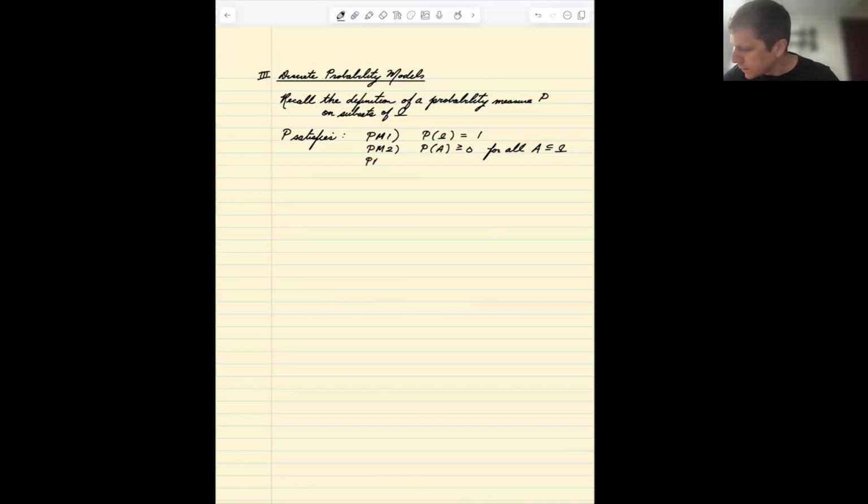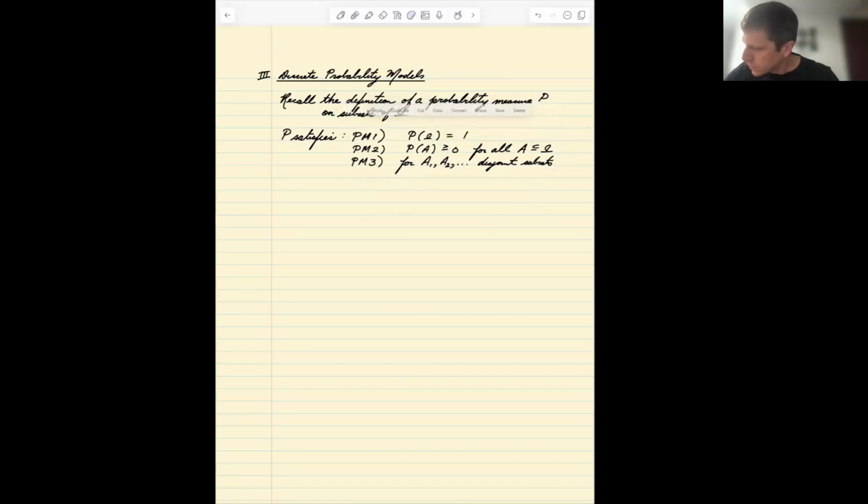And finally, if we have disjoint subsets, a countable collection of disjoint subsets of omega, then the probability of the countable union is the sum of the probabilities.